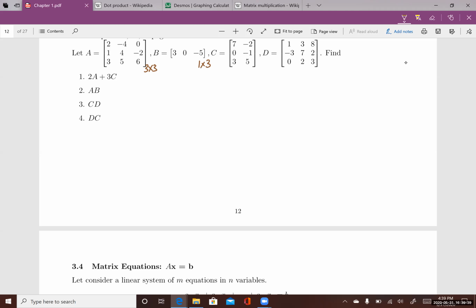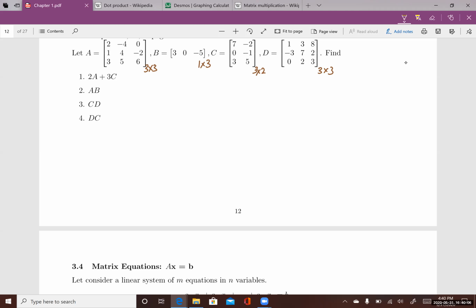If you look at this matrix B, you can say that matrix B has only one row vector and has 3 column vectors. Matrix C has the dimensions of 3 by 2, again 3 rows and 2 columns. Matrix D has the dimensions of 3 by 3, 3 rows and 3 columns.